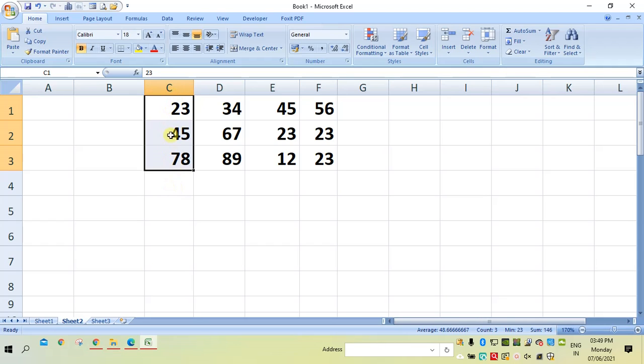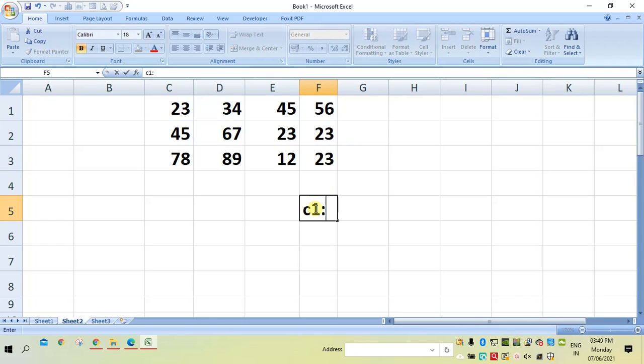Suppose you want to specify the range of this entire set of numbers, then we can say it is C1 to F3. So the range is C1 to F3. That can be written in this way: C1 colon F3. Usually we use this range in functions.